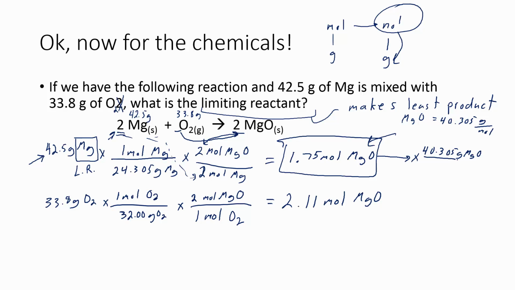1 mole of magnesium oxide goes on the bottom. So 1.75-ish times 40.305. Calculator is just not cooperating this evening.